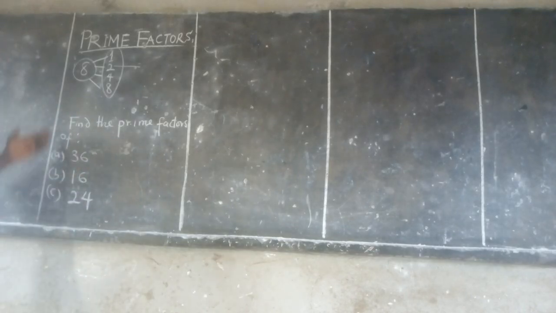Now, when we are to find prime factors of numbers, for instance, find the prime factors of 36, what you are expected to do is continue to divide 36 by the prime numbers that can divide it without leaving any remainder.